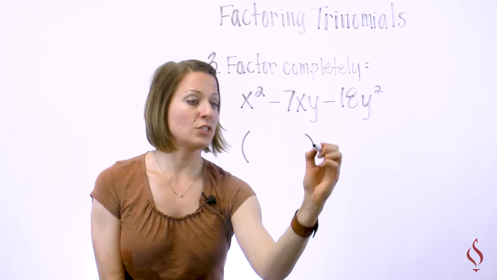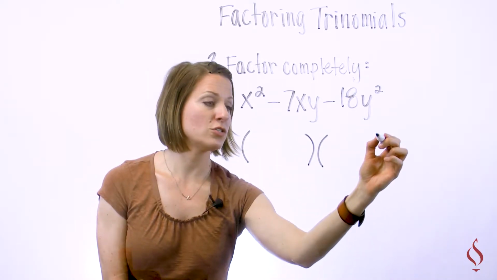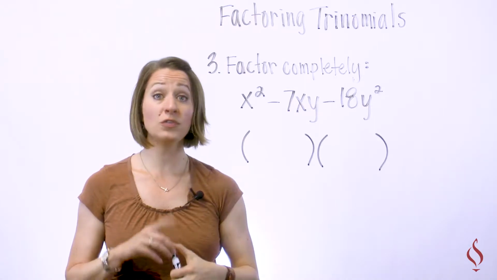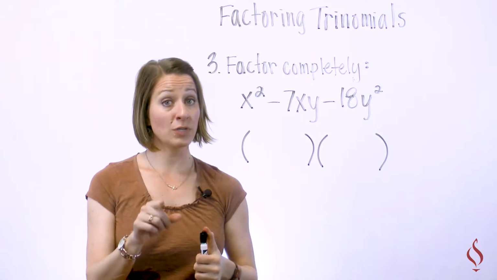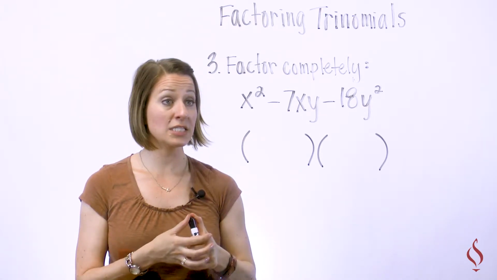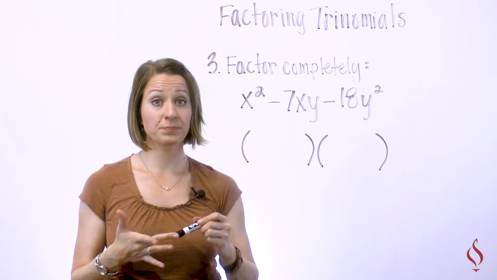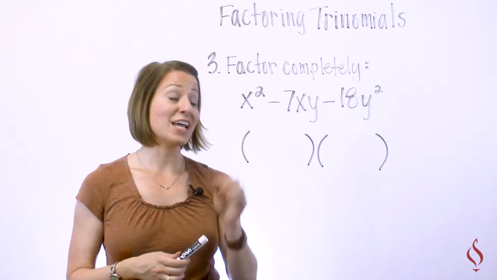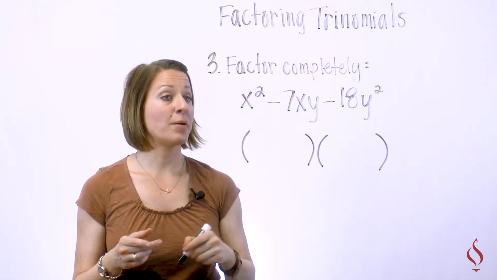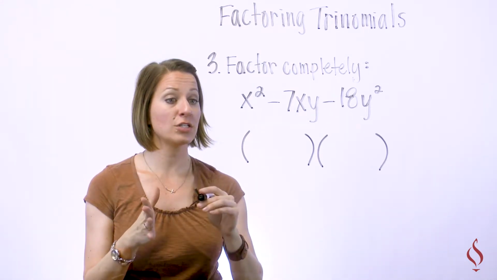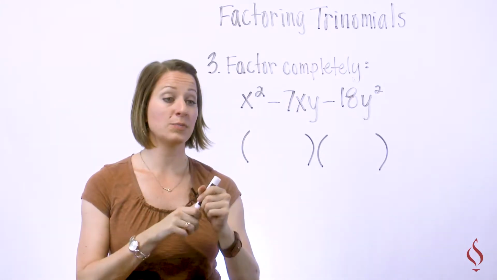The first thing I want you to do, well, you can draw a set of parentheses, but I want you to first factor completely. So take a look at this trinomial, and is there a common factor? There's not. And so we are ready to start unfoiling this problem.